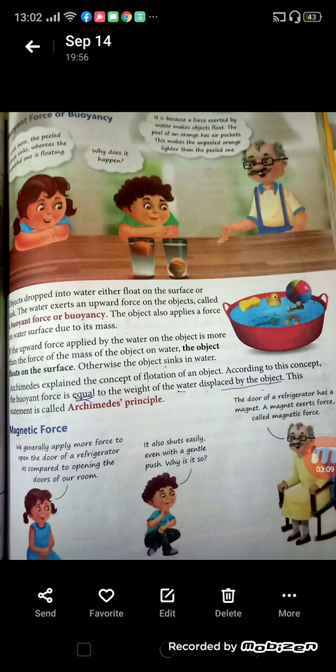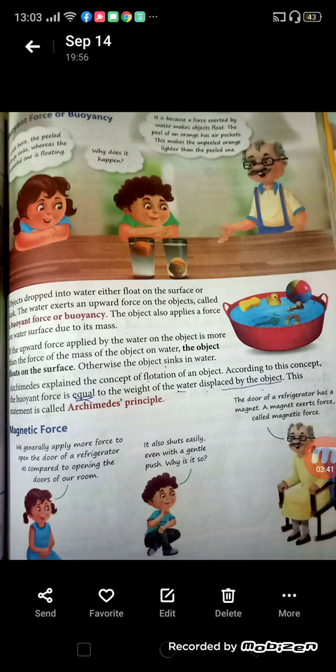Any small plastic toy you can put in water, an eraser, a sharpener, a knife, a tomato, any other object you can put in the water and observe. Okay beta? Some objects will float in water, while some others will sink.